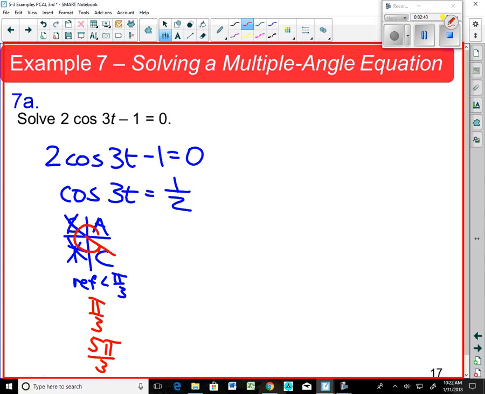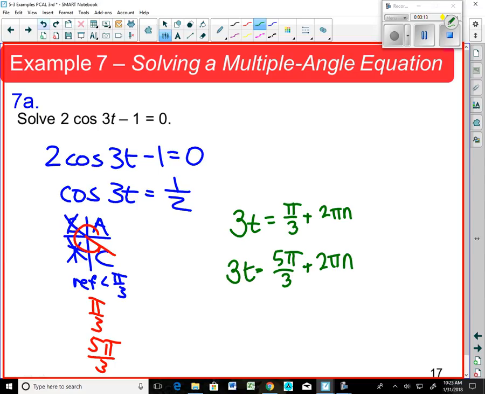If it had just been t there, we'd have our angles and we'd go plus 2 pi n. But in this case, we have a 3t there. So we write our initial answer as 3t could equal pi over 3 plus 2 pi n, and 3t could equal 5 pi over 3 plus 2 pi n.